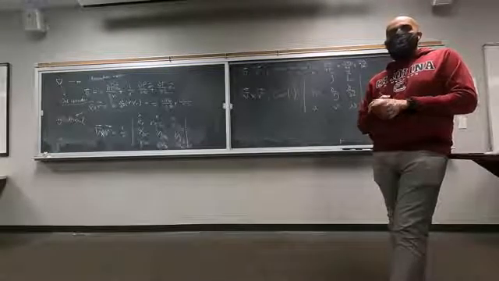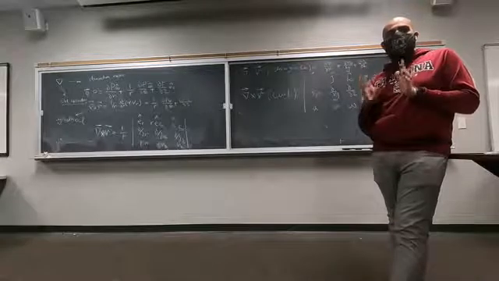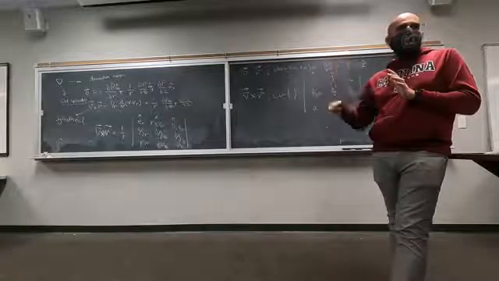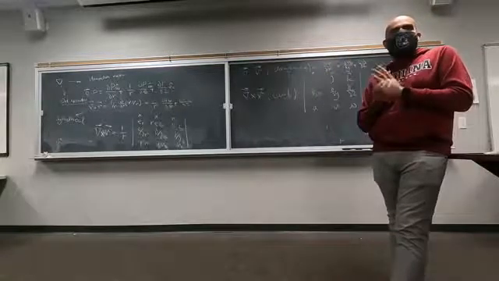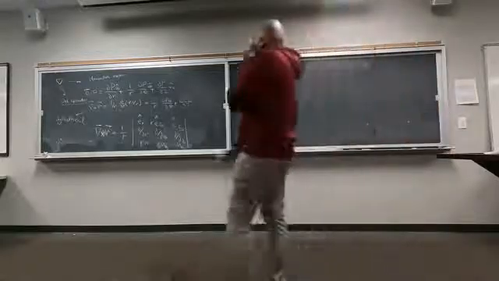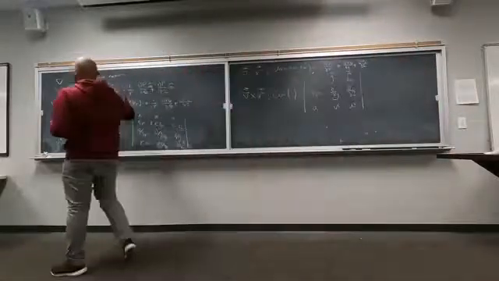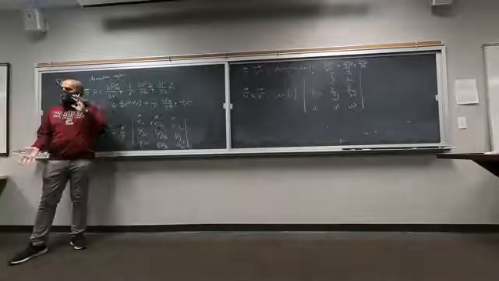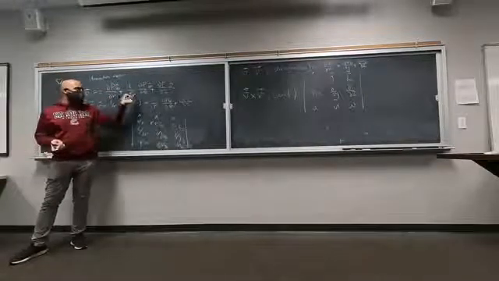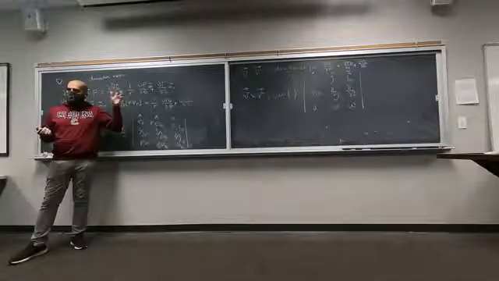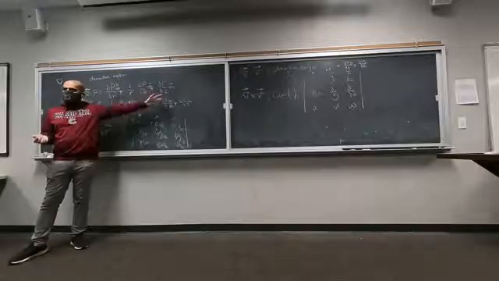My expectation is that you understand divergence, gradient, curl. That's okay. These are the unit vectors i, j, k in the Cartesian coordinate system. In the cylindrical coordinate system, they are e_r hat, e_theta hat, e_z hat.